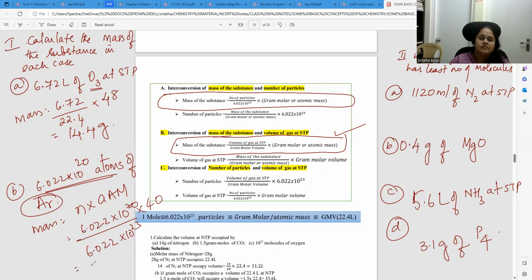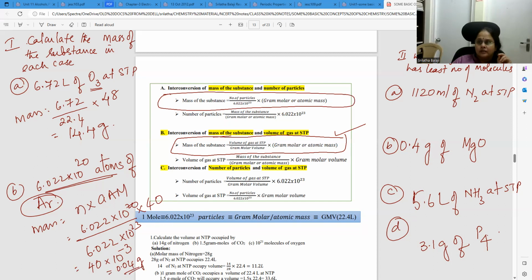How much is this? 40 into 10 power -3. How much will it be? 0.04. So many grams. Absolutely right.